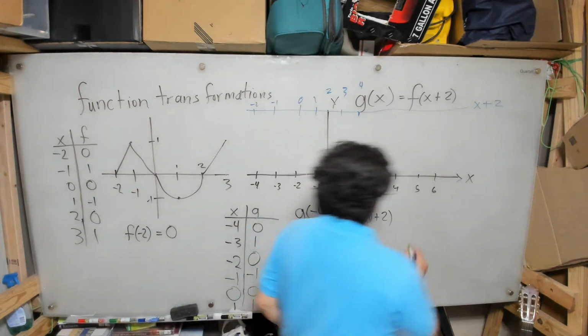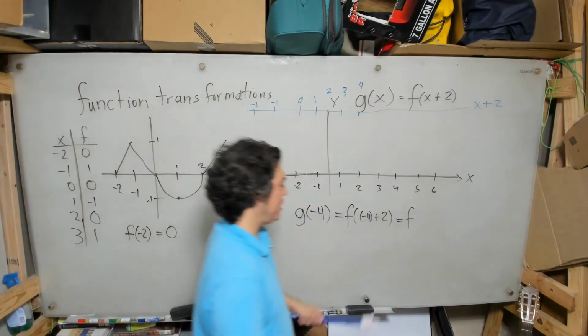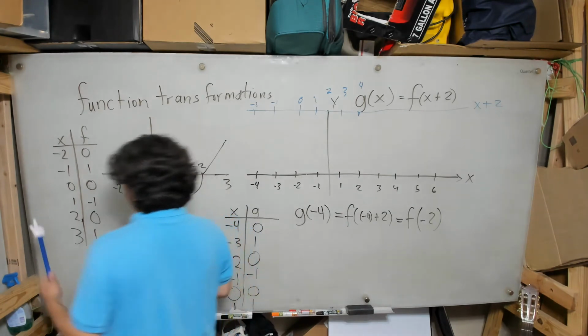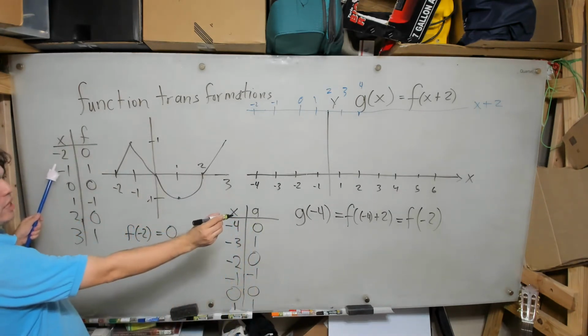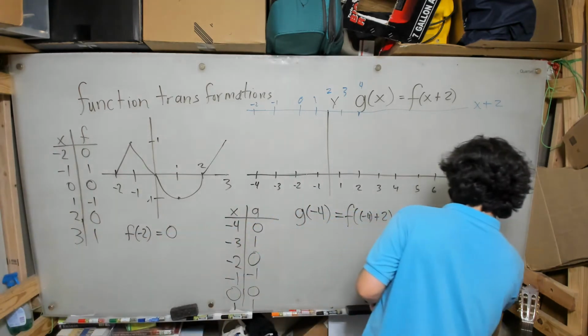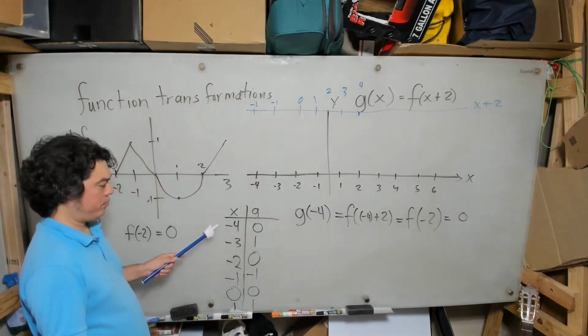I can simplify this inside though. Negative 4 plus 2 is negative 2. And then I can look at my table. Aha, if my input to f is negative 2, my output will be 0. And so we can see that indeed this is correct.